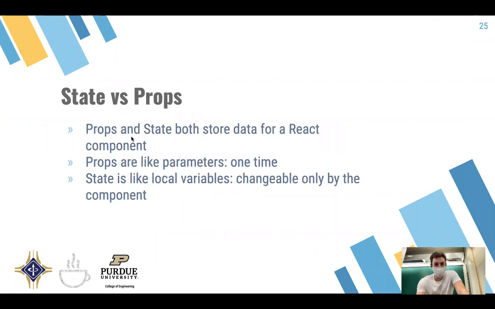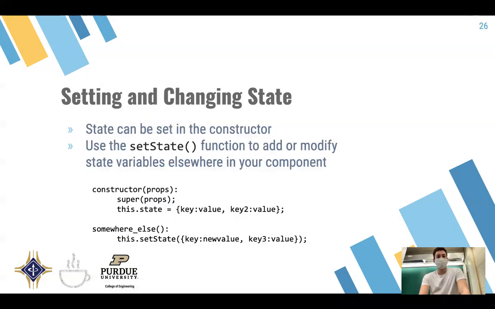They both are ways to store data in a component, but props are like parameters. It's a one-time look at the data, so if your data is changing, you wouldn't necessarily want to use props. Props are good for communicating between a parent and a child component, sharing data between components. But state is really good if you want to update your component a lot within itself.